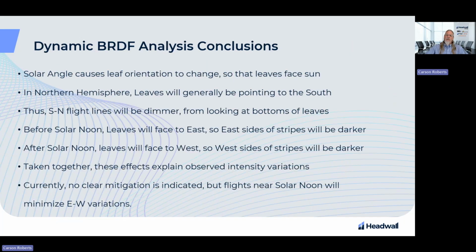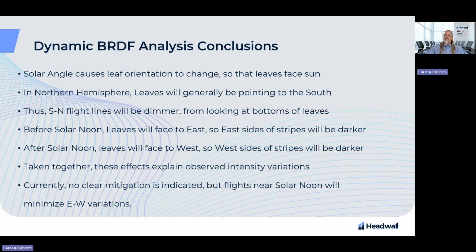And so my conclusion is it's very likely that this variation that we're seeing in intensity is due to what a colleague of mine called dynamic bidirectional reflectance distribution function, the dynamic part being the leaves actually tilting towards the sun. What was surprising to me was the strongest effect, the initial customer problem, was in a wheat field.